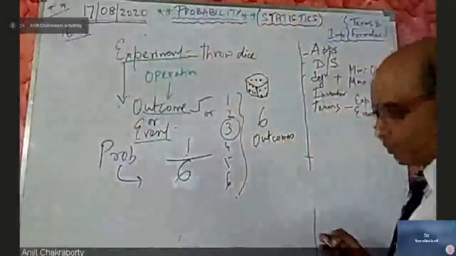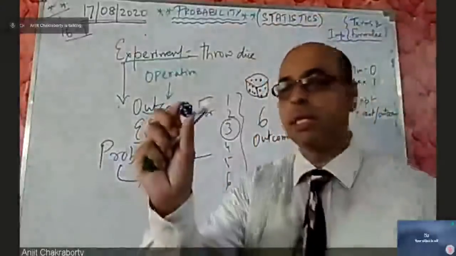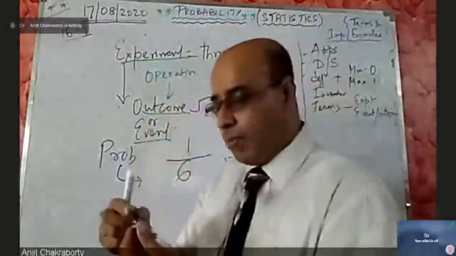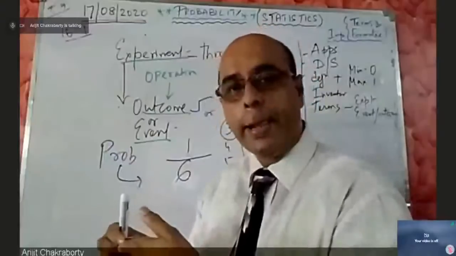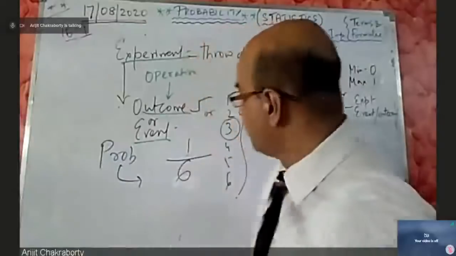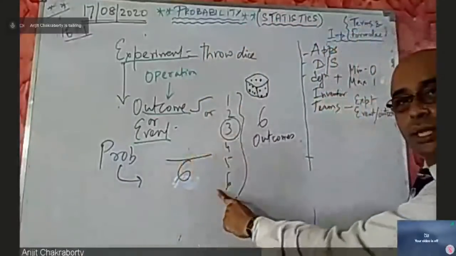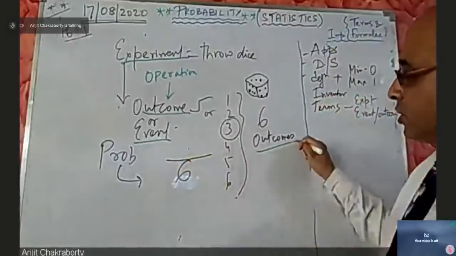That means there are 6 possibilities, 6 outcomes.